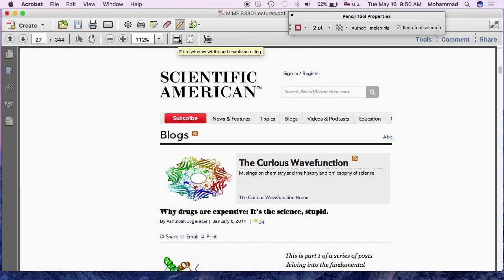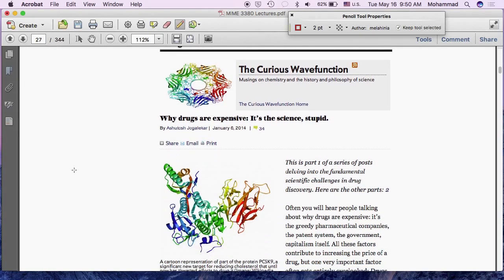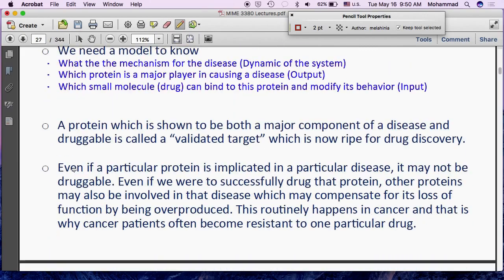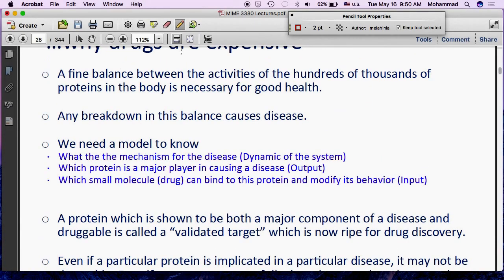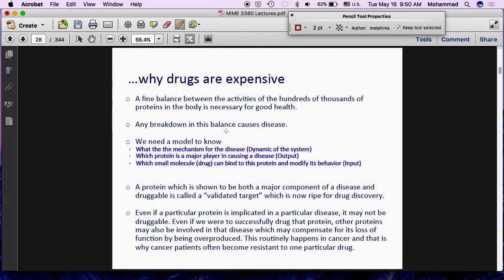This article is actually about drug development. What is the process of drug development? Essentially, I've tried to capture that process on this slide. So the slide basically says, in order to treat a disease, you need to know the mechanism of that disease. In other words, you need to know the dynamics of the system.